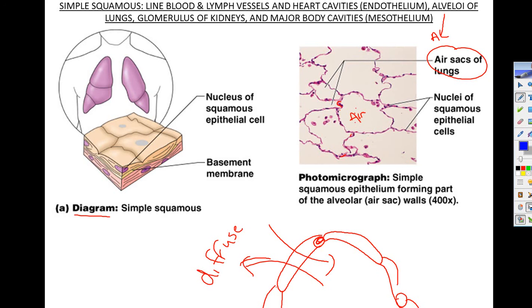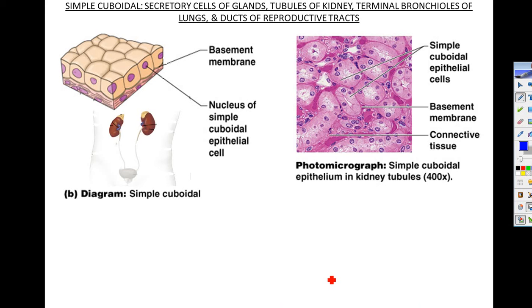Okay. So simple cuboidal. Again, I'm just going to give you a couple facts about each one of these. All right. So think about simple cuboidal. These ones are going to form tubes. All right. So you take a cube.